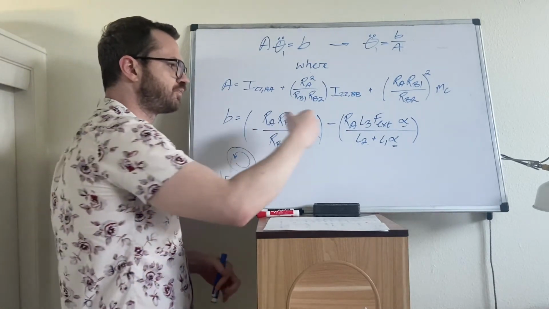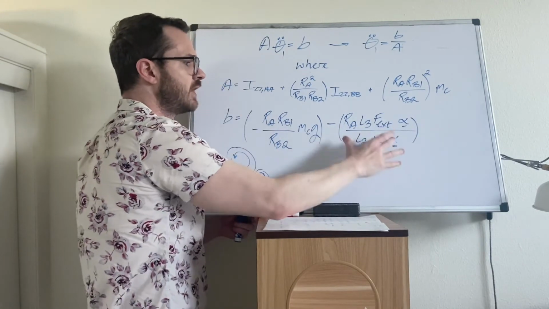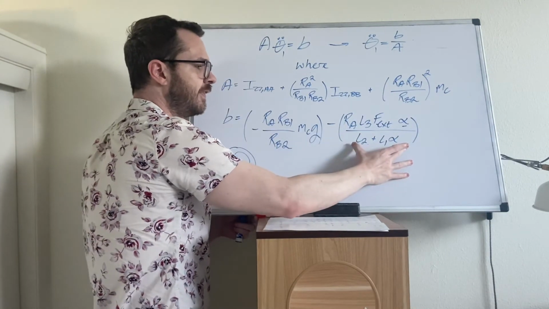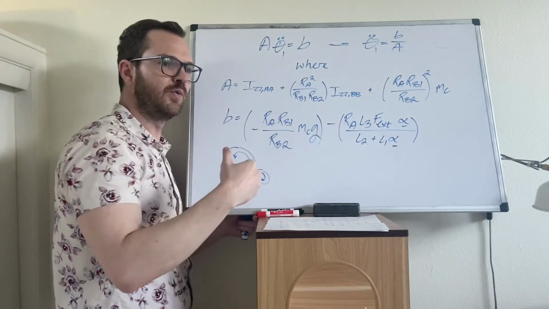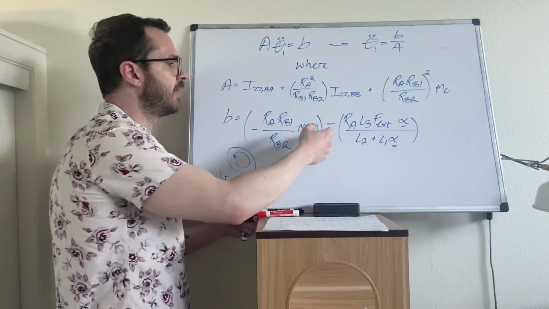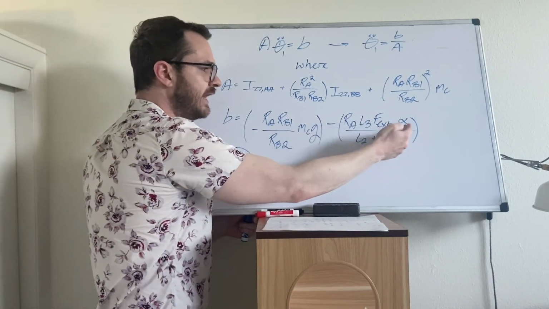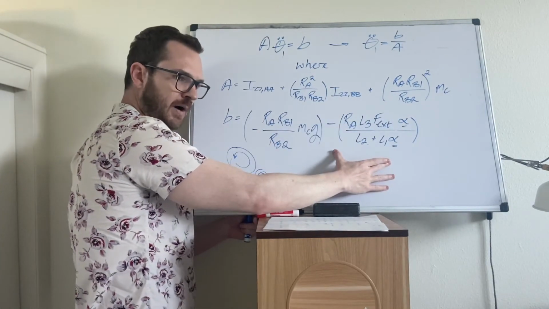So if theta dot is positive, alpha is positive, and there's a negative in front. So if theta dot is positive, this term is negative, which would make theta dot slow down and bring the disk to a stop. If theta dot was negative, then alpha is negative. And negative would make this term positive.